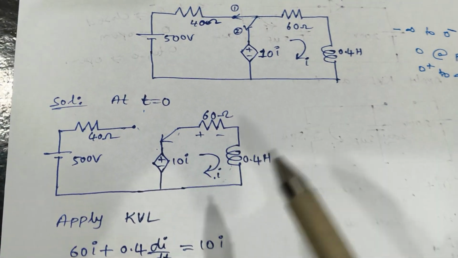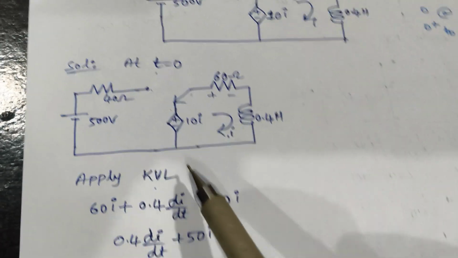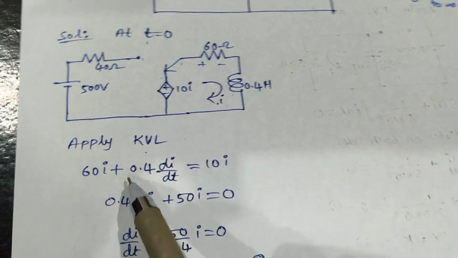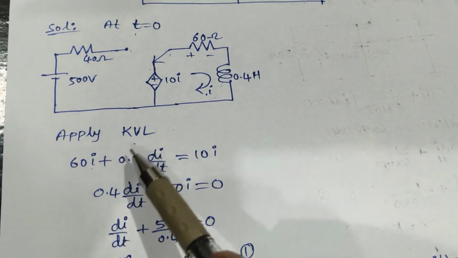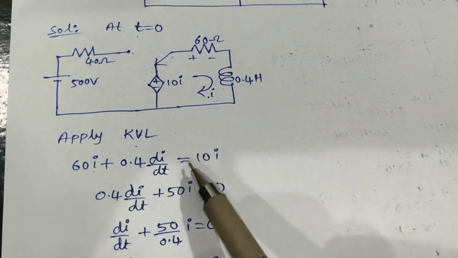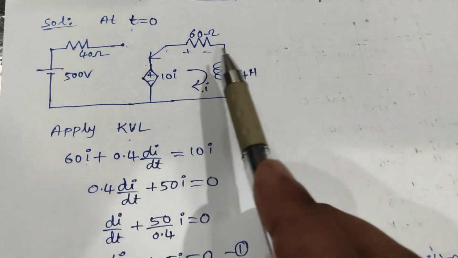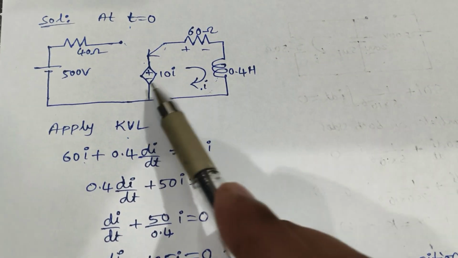What is the first step? We have to apply KVL to this loop. If you apply KVL, 60 into I plus L into di by dt, 0.4 into di by dt, is equal to 10 into I, because this is plus minus, this is minus plus.